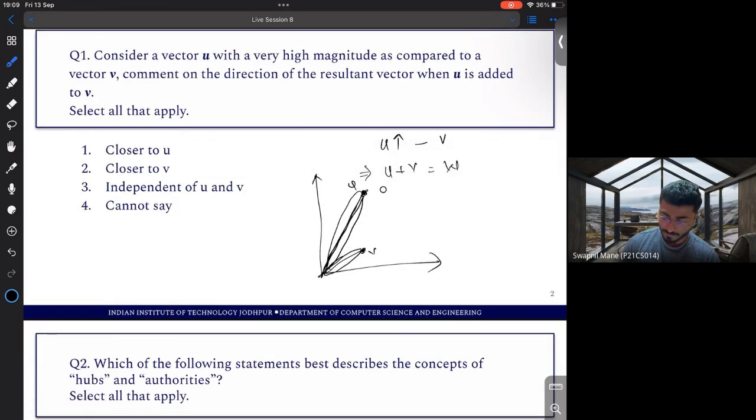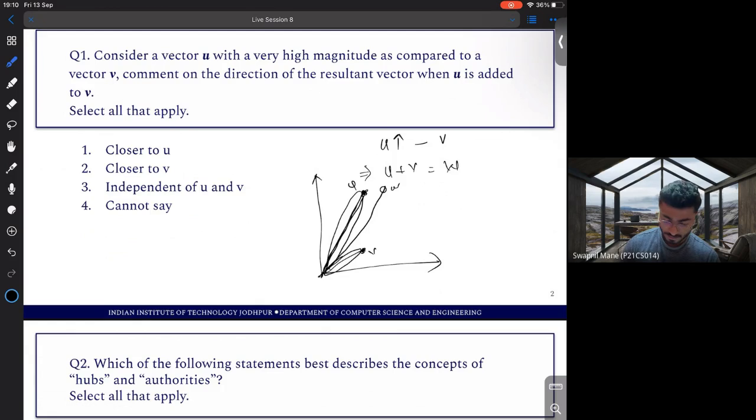It depends on the v vector, but it is near the coordinate with the highest magnitude. You will get the resultant vector close to that, and this can be represented as w.